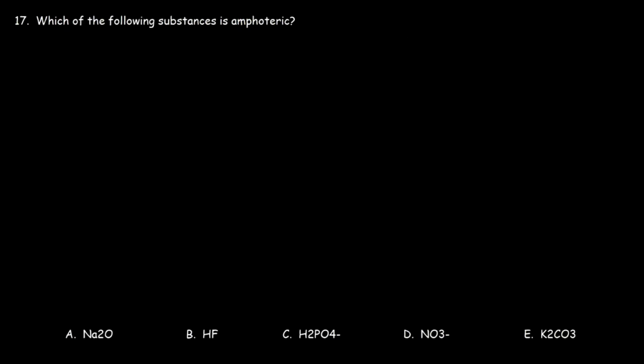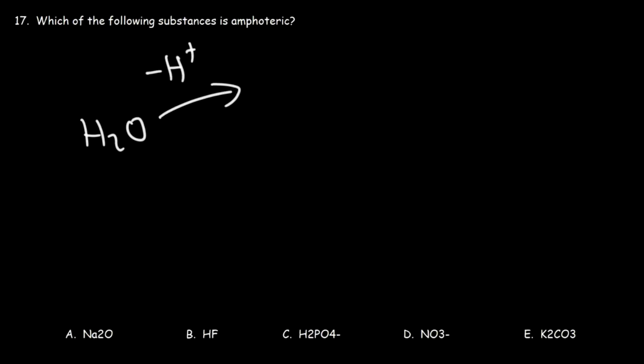Number 17. Which of the following substances is amphoteric? So what is an amphoteric substance? An amphoteric substance is a substance that can behave both as an acid and as a base. So water is a good example of an amphoteric substance. Water can behave as an acid by giving away a proton.